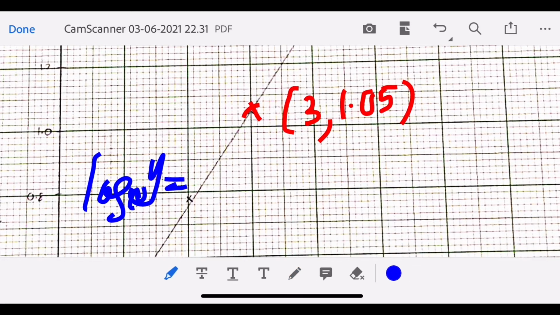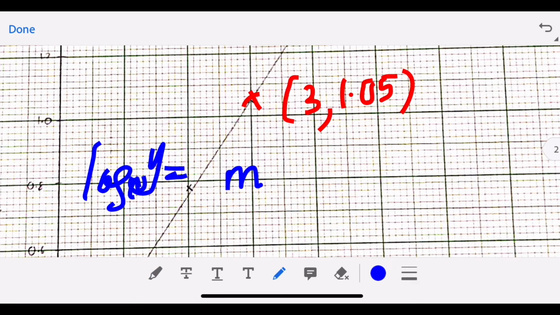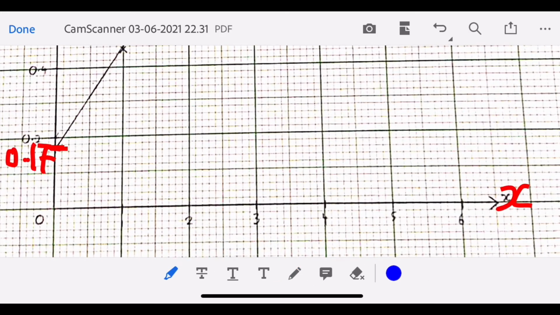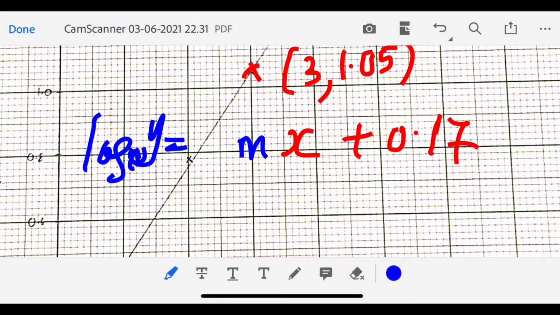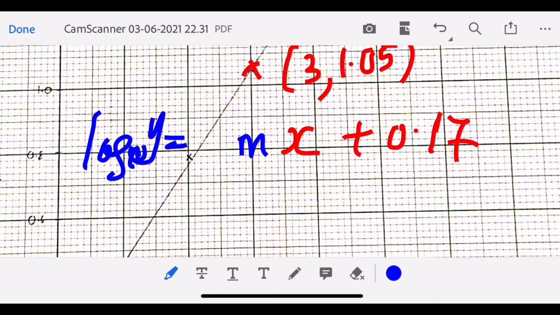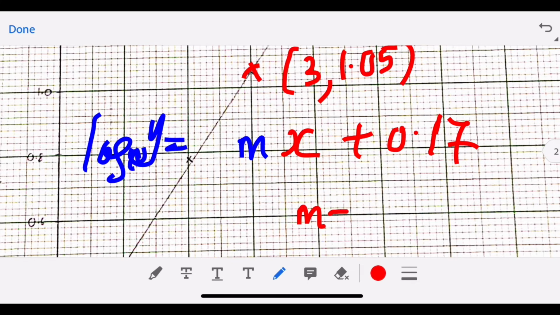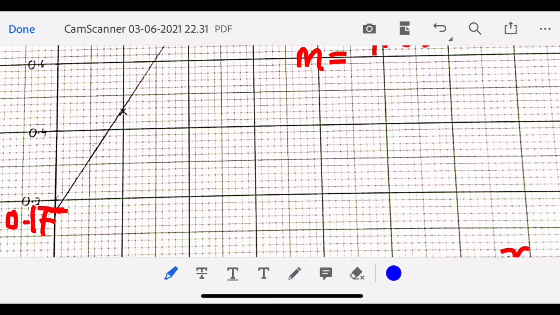Let's find the gradient first. To find m, just take 1.05 minus 0.17.